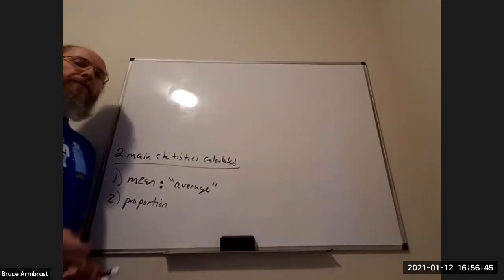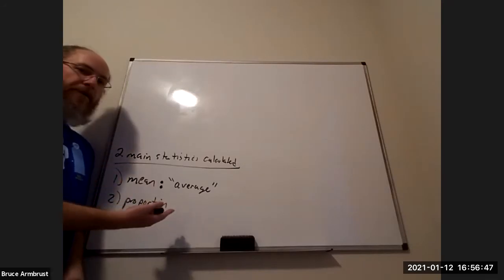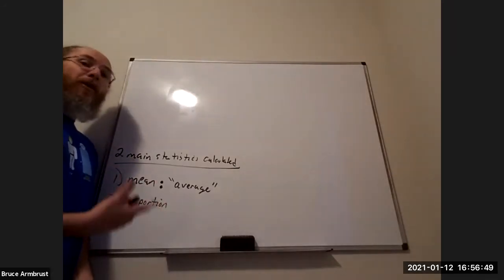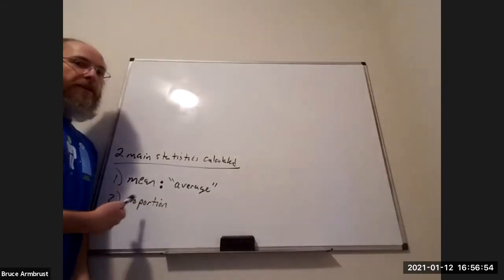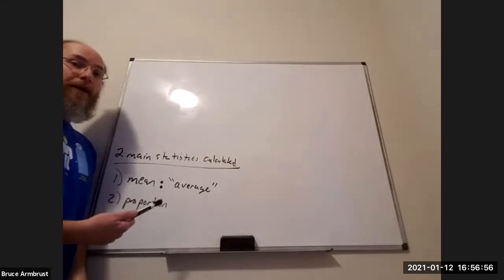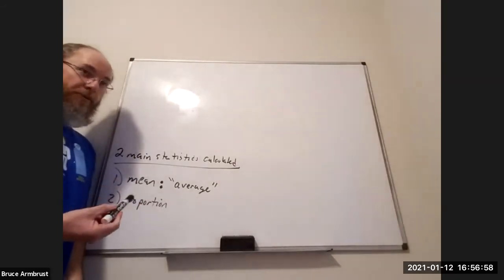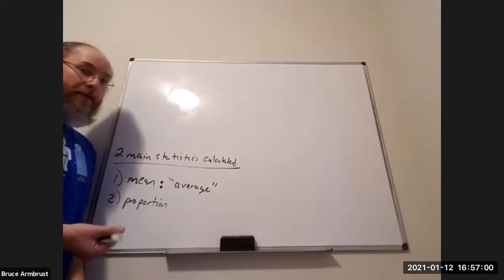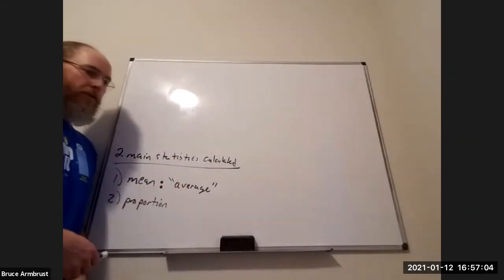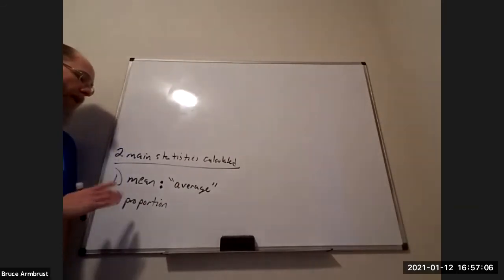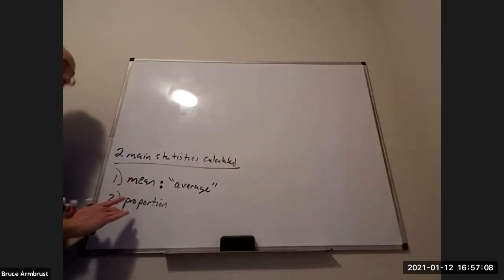We calculate this pretty easily: add up all the values and divide by the number. There are other kinds of means, and we will talk about them as we go, but the mean that we use is what we call an arithmetic mean. It really is just add them up and divide by their quantity.